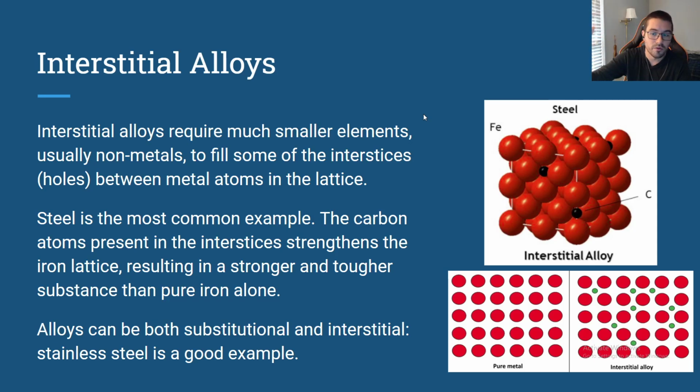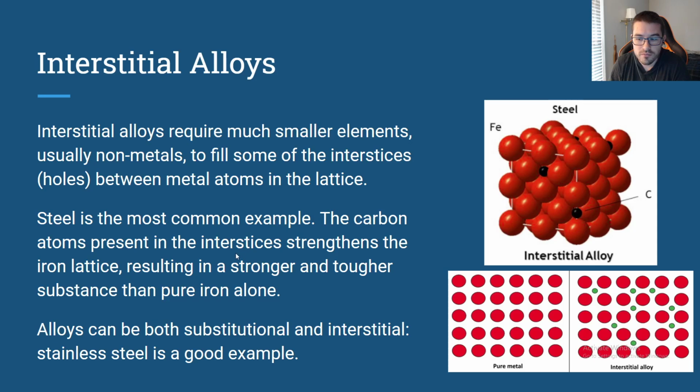It's malleable and ductile. Adding the carbon atoms makes that more difficult. You can't change the shape of steel as easily as you can pure iron. That's the reason that we use steel, for that purpose.